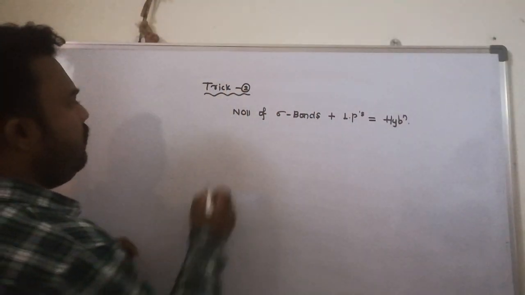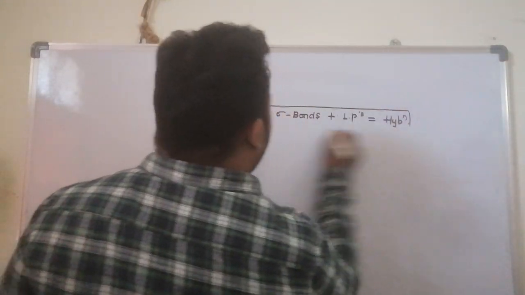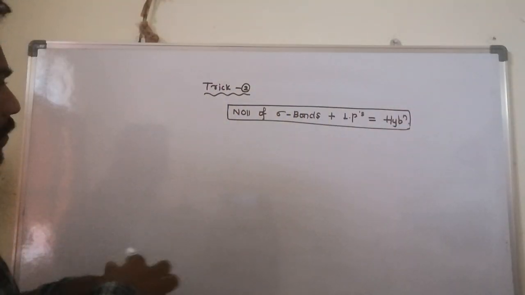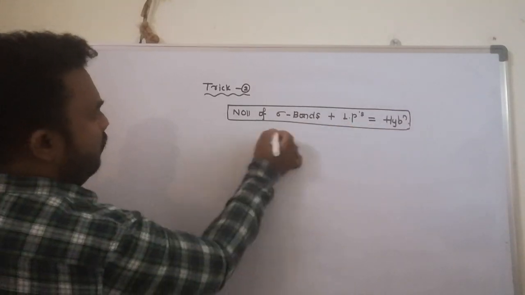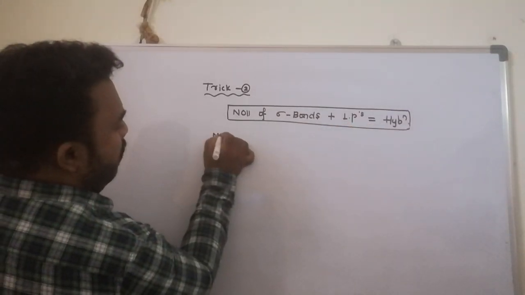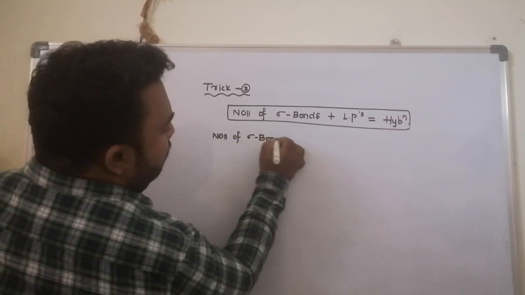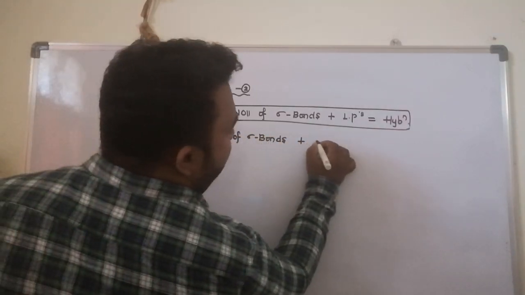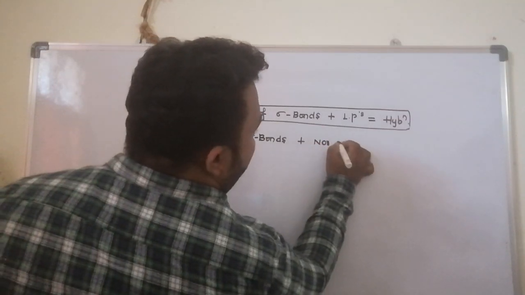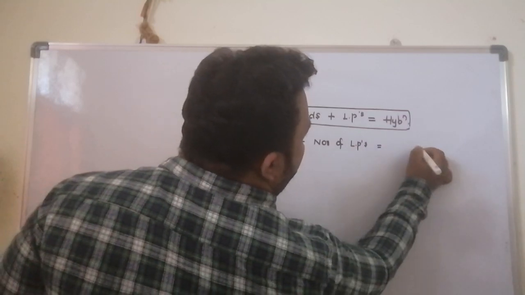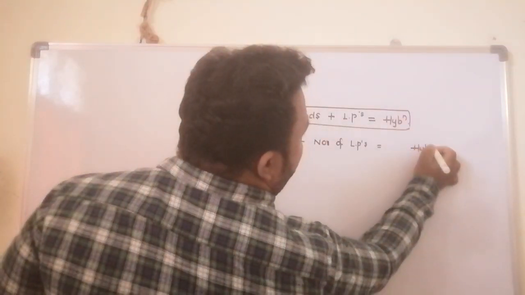So the number of sigma bonds plus the number of lone pairs gives the type of hybridization.